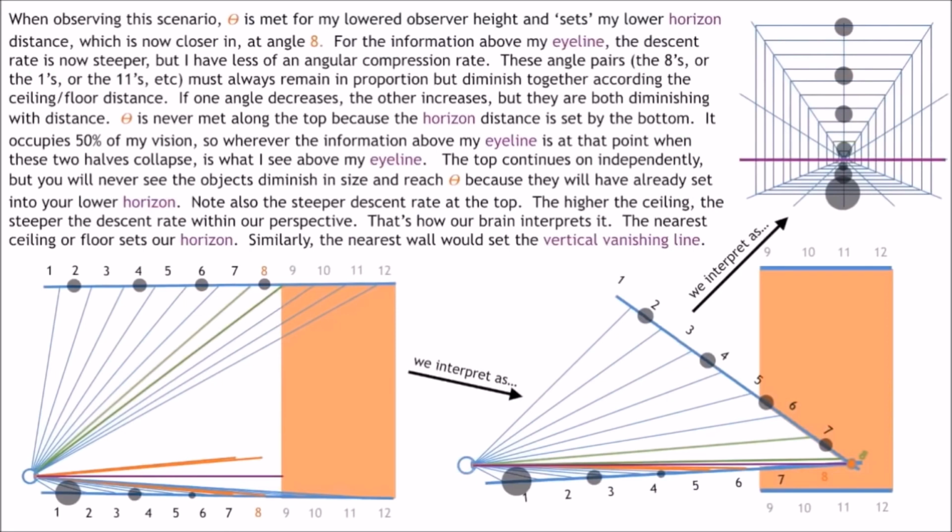Similarly, the nearest wall would set the vertical vanishing line if we were up against a long wall, let's say. So if we collapse our diagram here and we press the image downward along the top and upward along the bottom to reach an essentially horizontal line, you see that along the bottom, the angle 8 doesn't have to travel very far to get to the purple line, but the angle 8 above has to travel quite a bit more to do that.